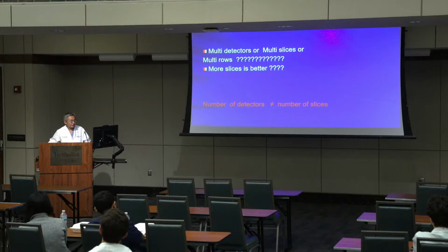But electronically, they can create two slices out of each detector. So 2 times 192 is 384. So it gets a little bit confusing. And then you have a scanner that one manufacturer said we have 512 slices. Well, it's only actually 256 detector, and they do the electronic splitting to create artificially extra slices.